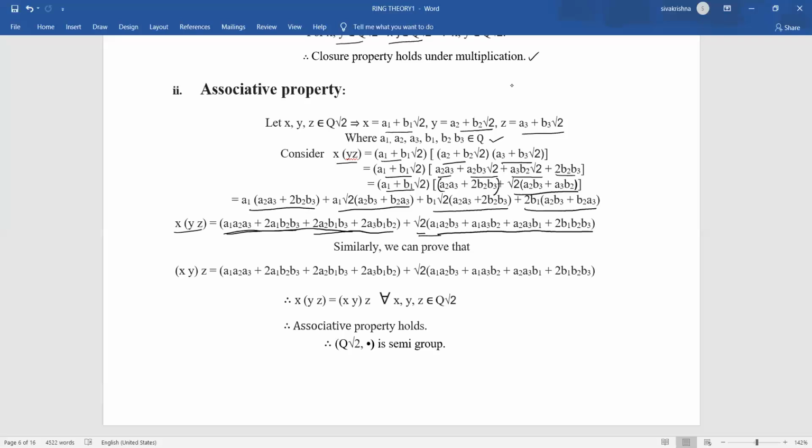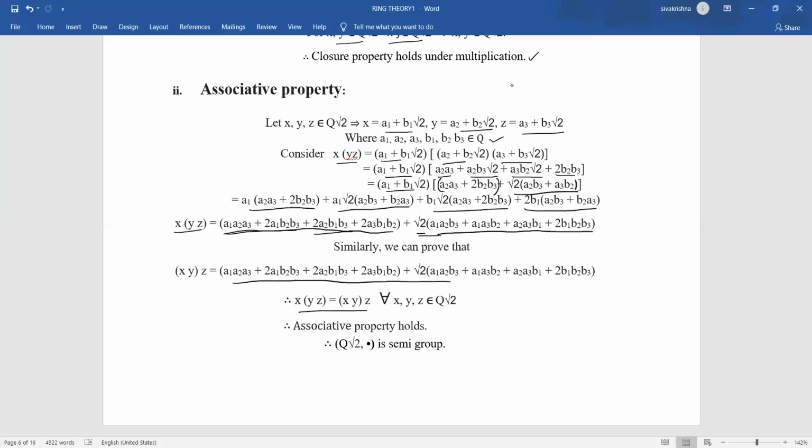So now if we consider xy into z, similarly in the same way we can get the value of xy into z as above. So I am writing directly that the value of xy into z is the same as x into yz. So therefore we say that x into yz is equal to xy into z.